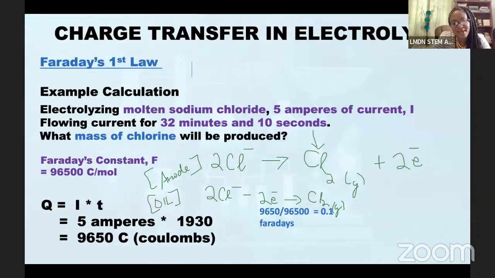We can write that as shown here, where we have our 2Cl minus losing those 2 electrons to go to that neutral chlorine diatomic gas. Because chlorine is a diatomic gas, that's how we ended up with that 2 before the chloride ion, and that's how we ended up with those 2 electrons being lost, okay?